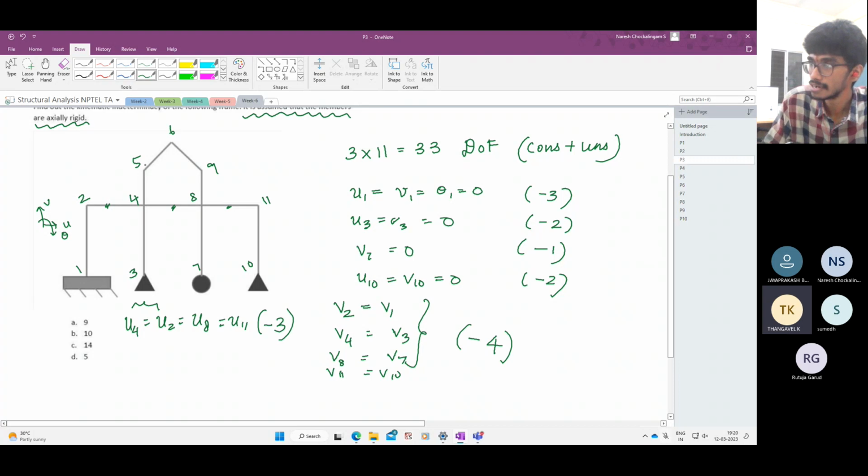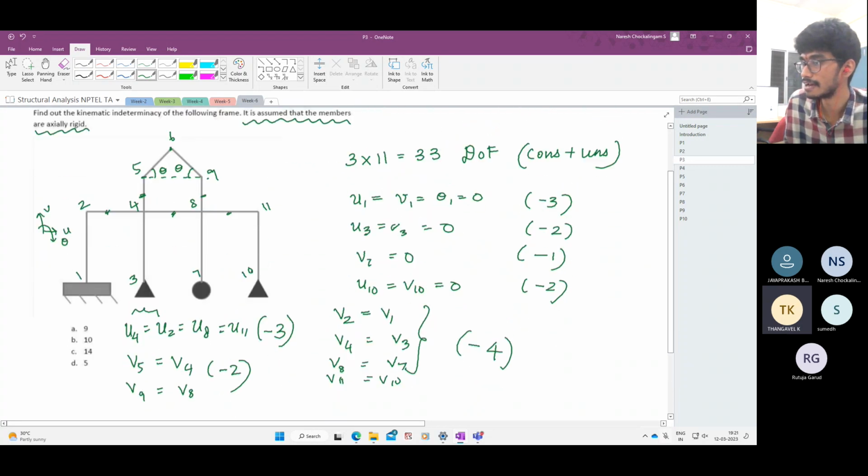Right? Now let us go to this point. At this point, these members are also actually rigid. So V5 is equal to V4 and V9 is equal to V8. So this subtracts another 2 equations. Now comes the tricky part. So what is the condition here? Let us assume this angle is theta. This is a symmetric structure.